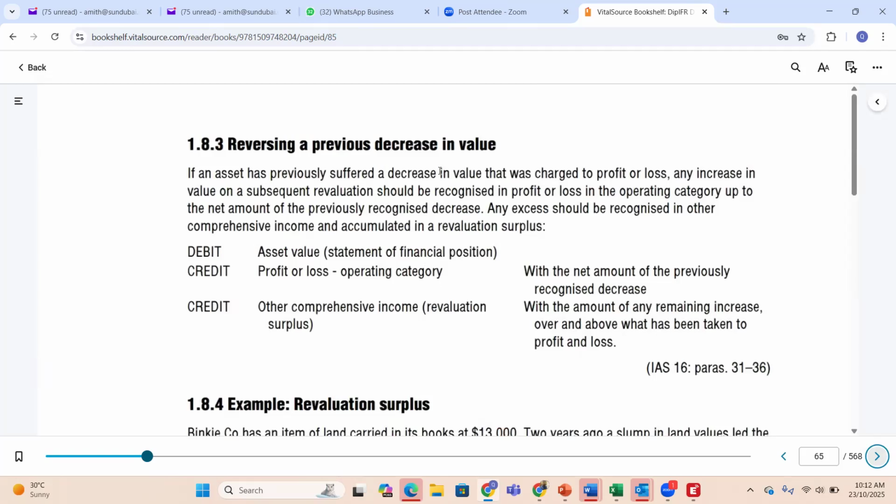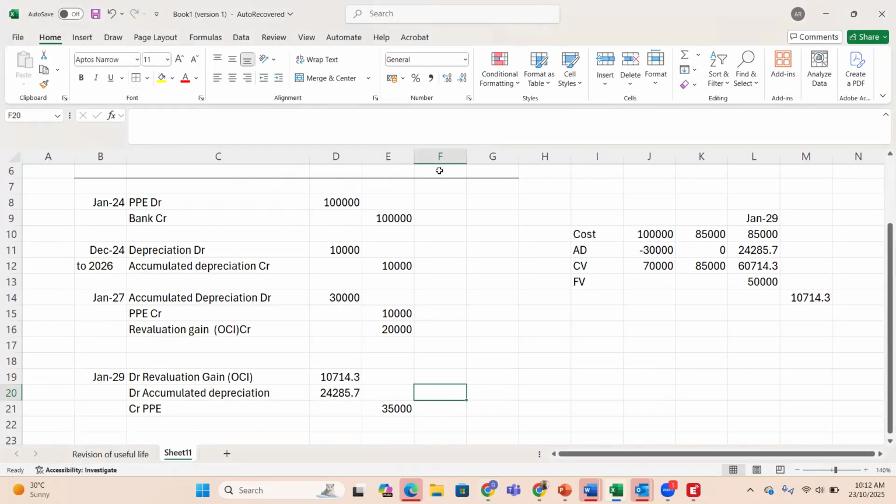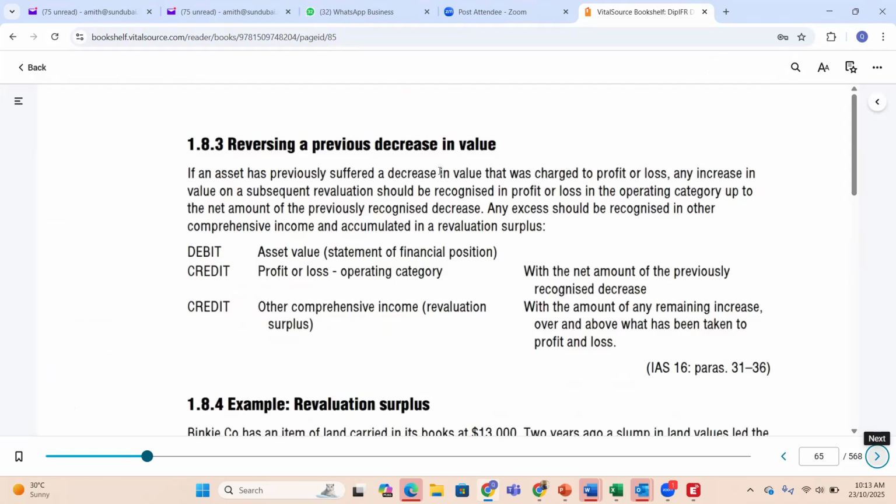reversing a previous decrease in value. Now, what if it is reverse? There was an initial decrease in value, and now there is a revaluation gain. So, what do I do? I have to reverse the previously decreased loss. Now I am increasing. Okay.